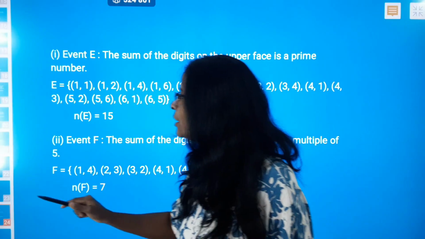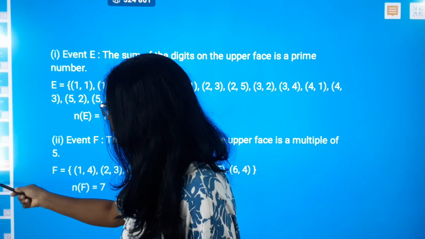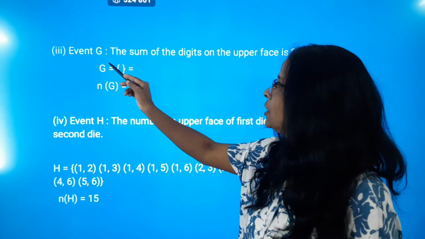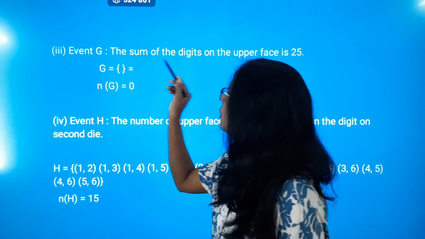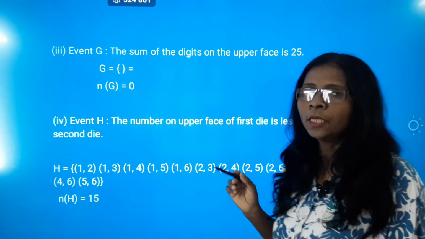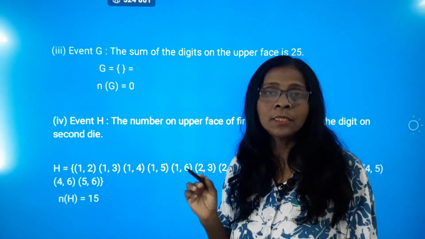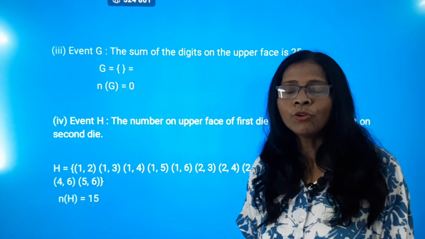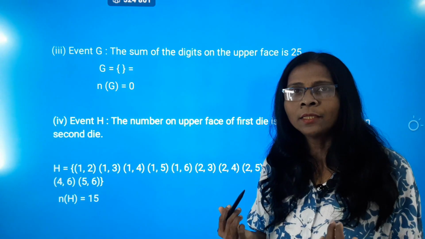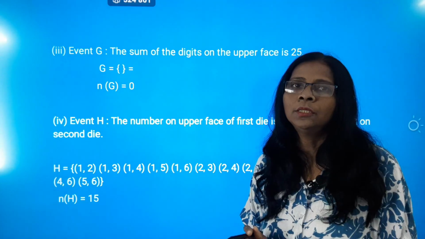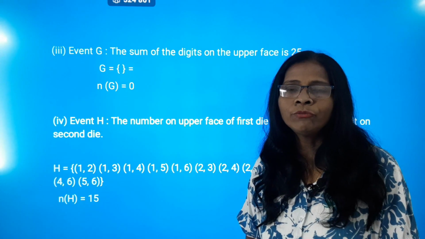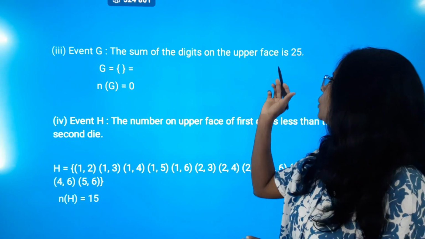Now the next one, the third event: the event G, the sum of the digits on the upper face is 25. So here, sum of the digits. There are no such digits whose sum on the upper face is equal to 25.